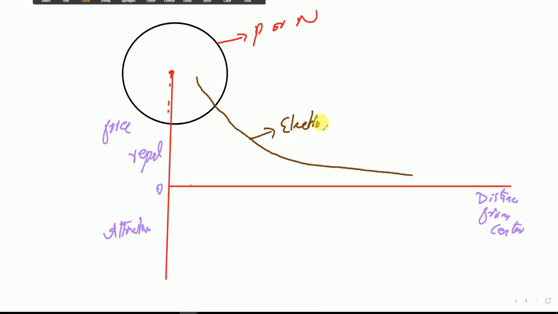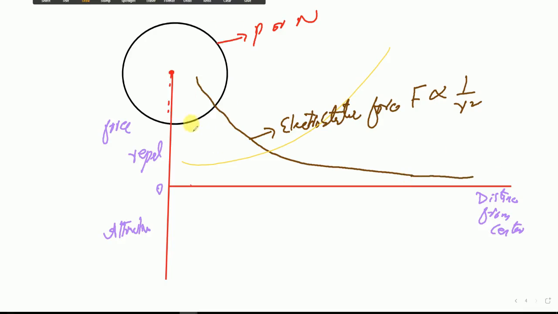What about the nuclear force? So you mean that if you increase the distance, then the repulsive force will increase. Yeah, but that has a limitation. In the electrostatic force, there is no limitation. Okay, it will go like this. But in the nuclear force there is a limitation, and that is like this. Here your nuclear force will get 0. It means this distance is 3 to 4 femtometer, so 4 femtometer.